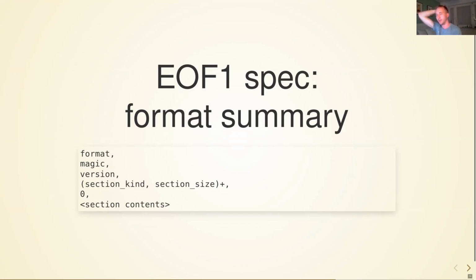Then we have section headers, which are composed of section kind and section size. The zero means the termination section kind, which separates section headers from the section contents. You can come up with much more complicated byte containers, and there are other ideas for how to design it, but we tried to keep it simple. This is what we currently have.